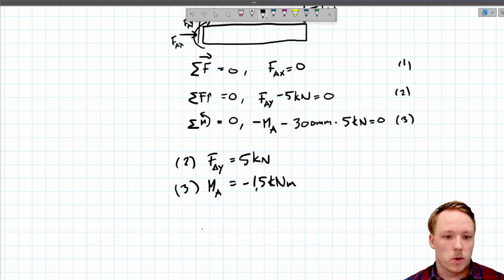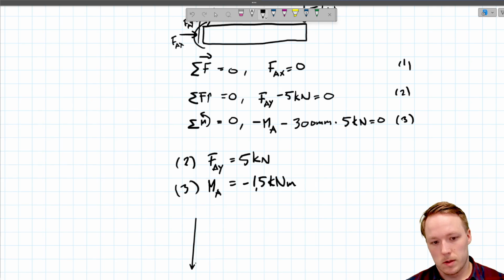In this task, what we're only going to need is the shear force. You should be confident at doing this already.